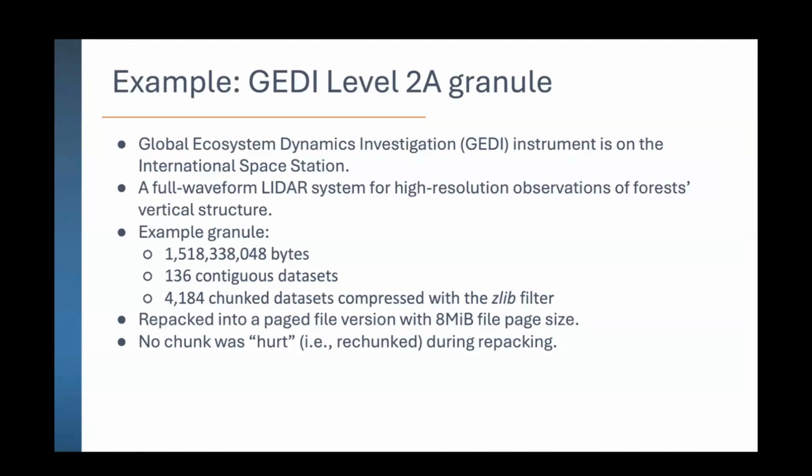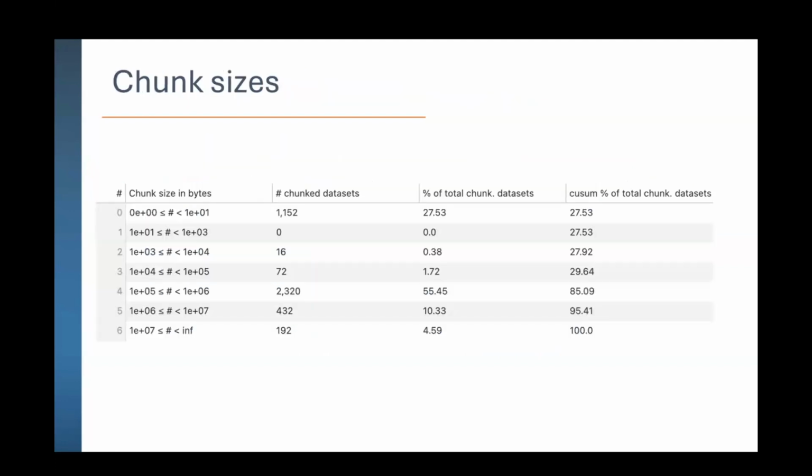And I said, all right, let's see what happens with those chunks when the file is paged. Chunks were not touched; they were the original ones. In other words, h5repack was used only to create a paged version of the file. And again, there's a lot of these results, but some interesting things when you start looking into this file: 27.5% of these chunked datasets have chunk sizes less than 10 bytes, which is ridiculous.